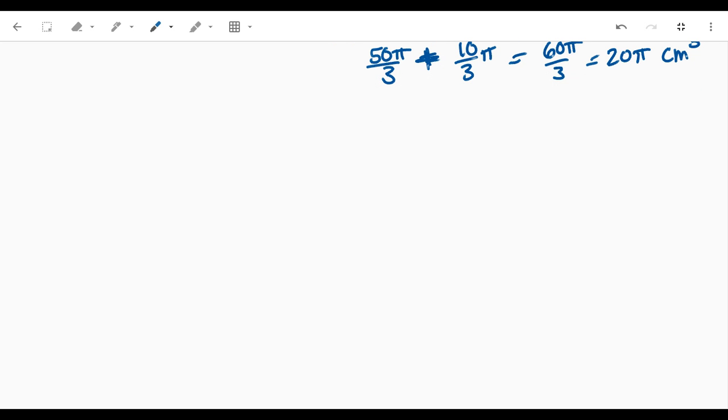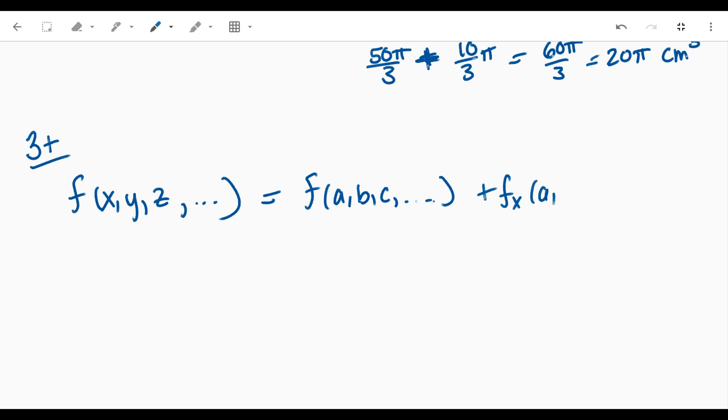Then the very last thing, they always go into this at the end, is if there's more than 3 variables. So you have f of x, y, z, dot dot dot, equals f of a, b, c, dot dot dot, plus all of your partials.